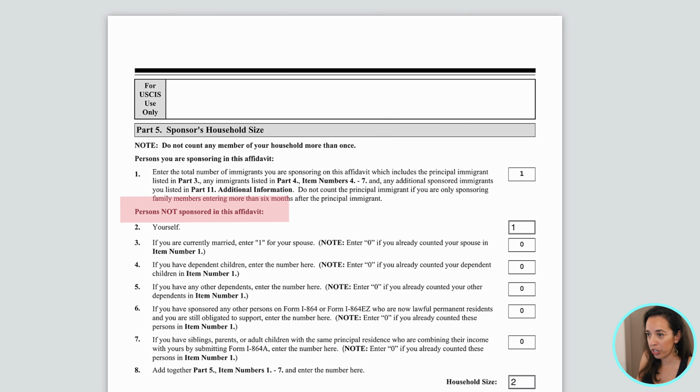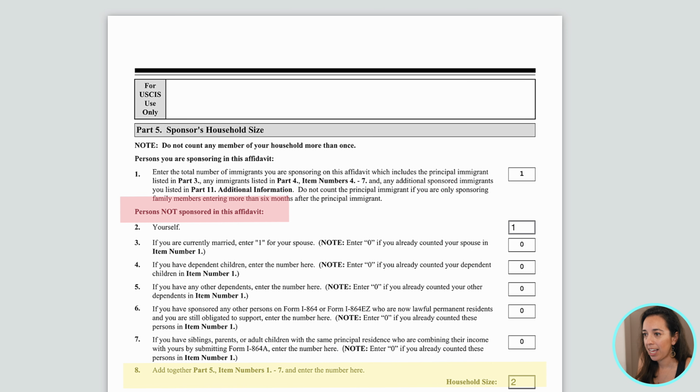So for question 2, I wrote down number 1, as I am not sponsoring myself. And then for question 3, I wrote 0, as I have already included my spouse beforehand. And questions 4 through 7 do not apply to us, so I typed in 0.